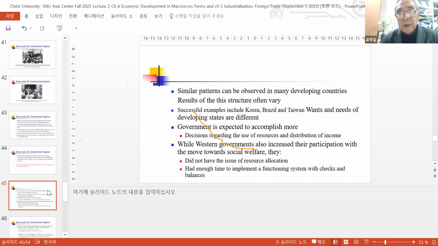Decisions regarding the use of resources and distribution of income were always the government's concern. While Western governments also increased their participation with a move towards social welfare, they did not have the issue of resource allocation, and had enough time to implement a functioning system with checks and balances.